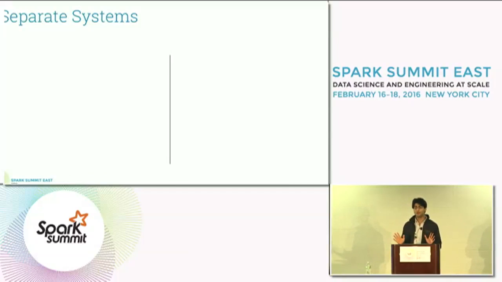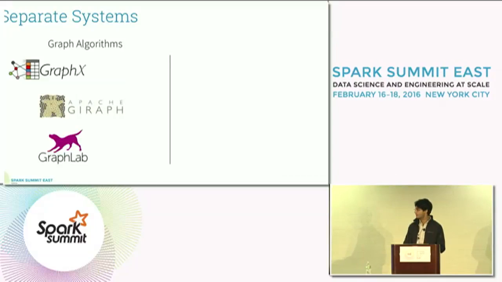Okay, but why introduce a new system, GraphFrames? Well, currently we need separate systems to do each of these tasks. To run message passing algorithms, there are a bunch of specialized distributed graph processing systems, which can only run graph algorithms but can't run relational operators or graph queries. So they're highly specialized, aside from GraphX, which was the one that introduced this idea.